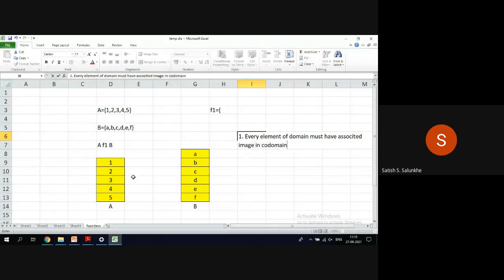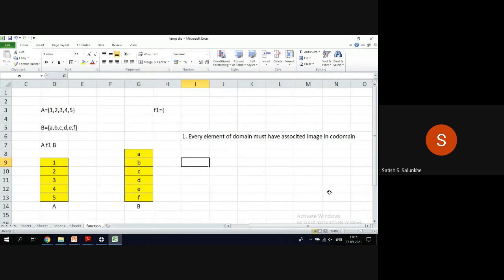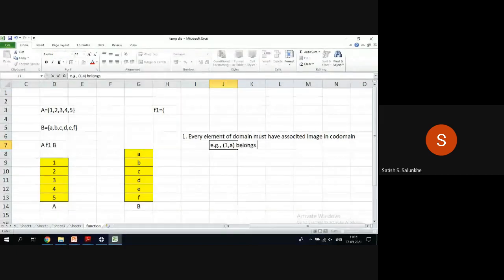Image is nothing but, if 1 is related to a, let us say, for example, just for your understanding, if I say (1, a) belongs to f, so in this we say a is the image of 1.